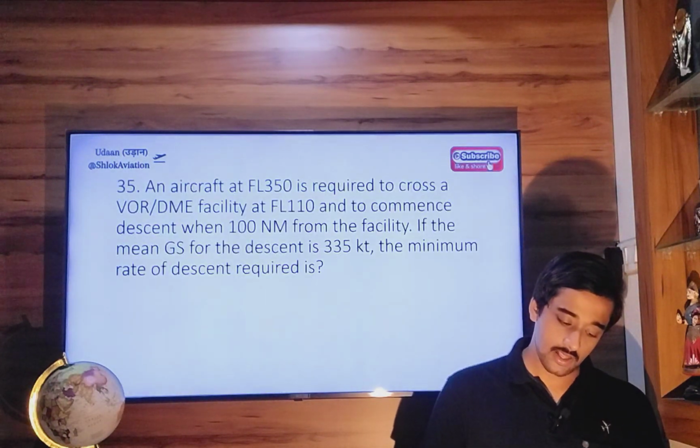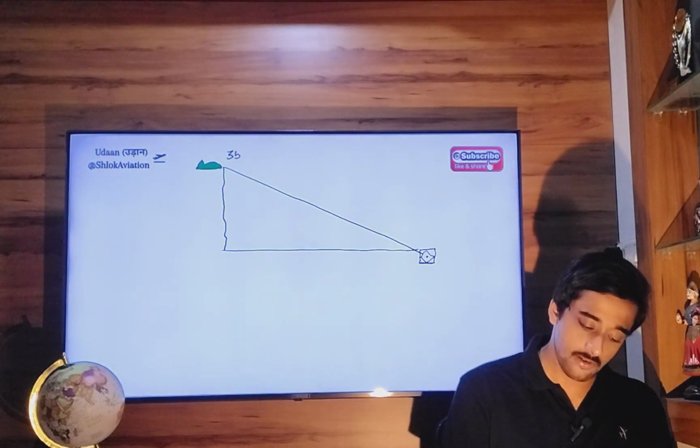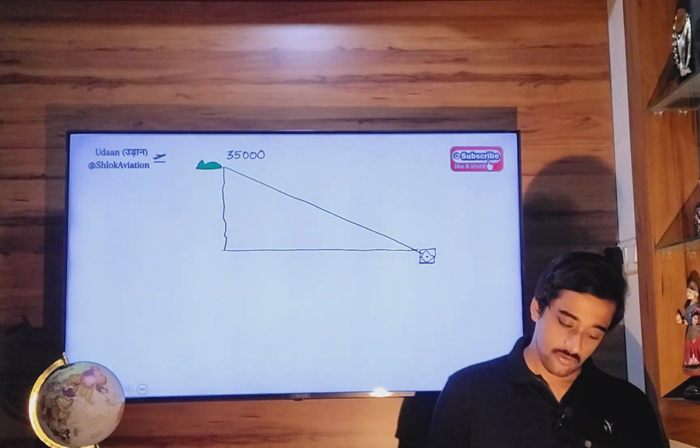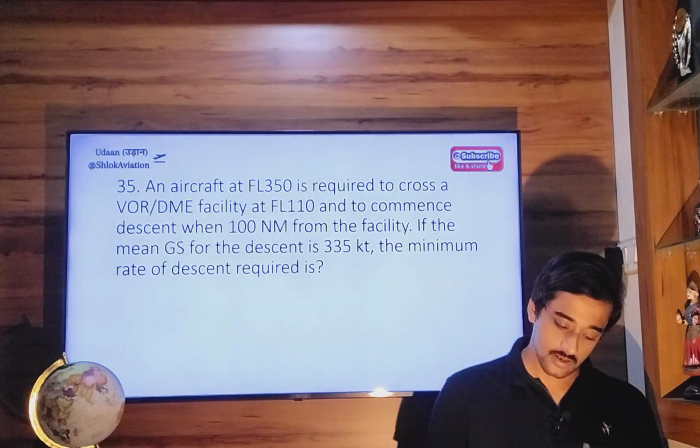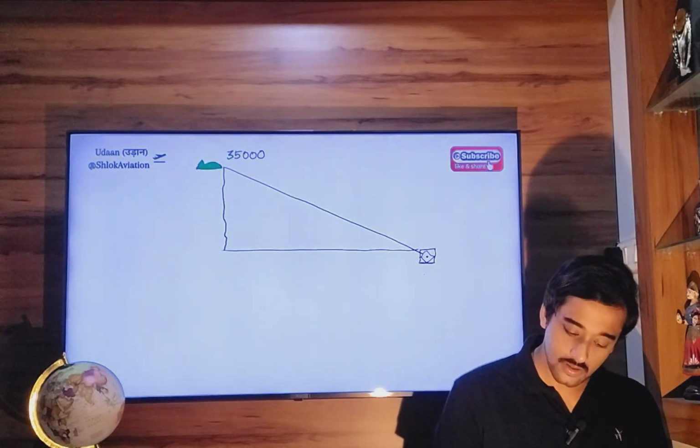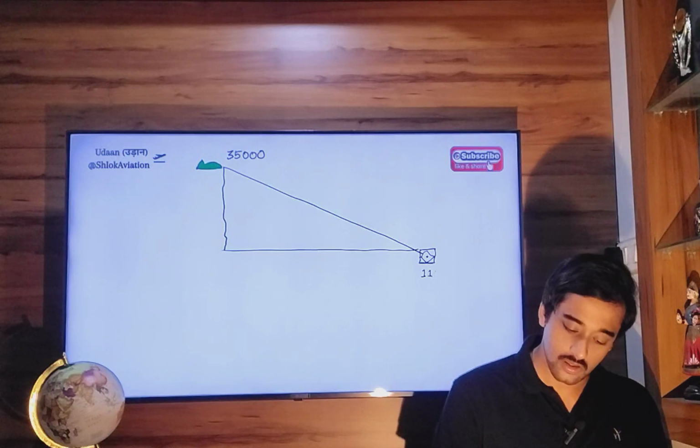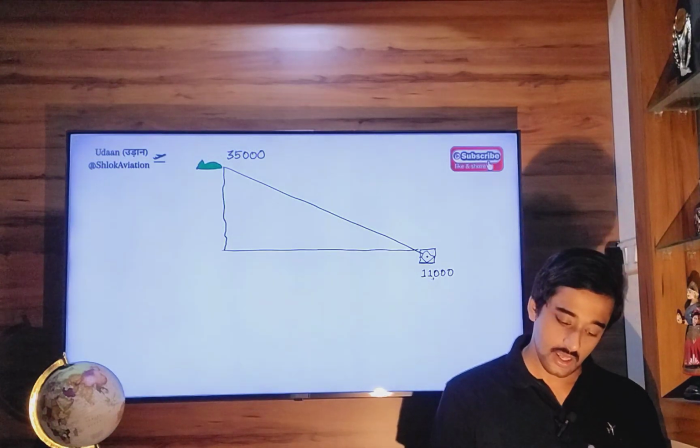Aircraft is at flight level 350, 35,000. VOR station is at 110, 11,000 feet.